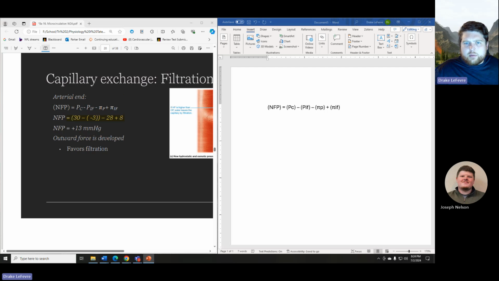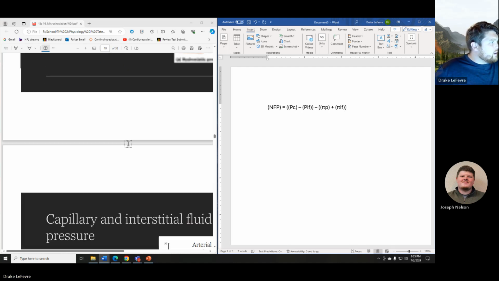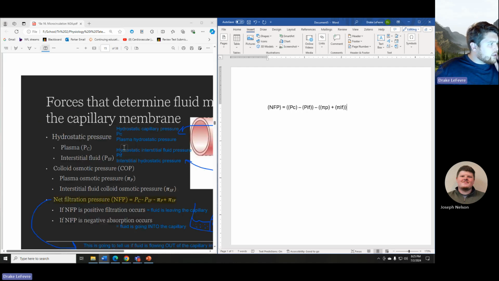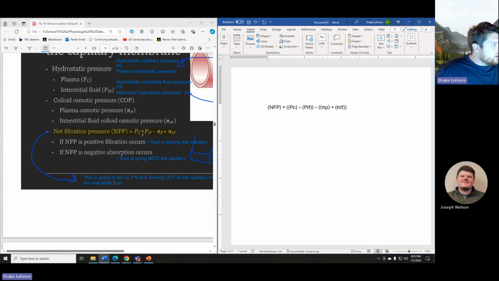Something's scratching in the back of my mind where he didn't include parentheses where he's supposed to. Yeah, this is supposed to be like this. This is why parentheses are important. And this is really going to mess with you if you don't know this. Because you're going to plug this into a calculator, and it's going to be completely wrong because of not having parentheses.